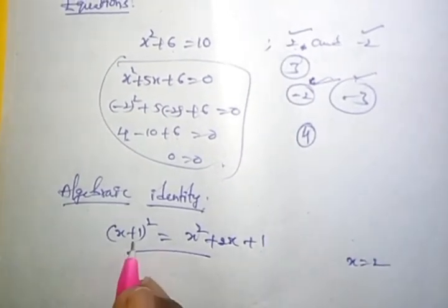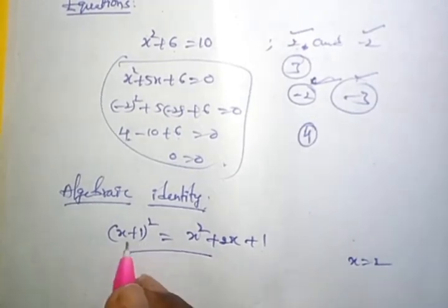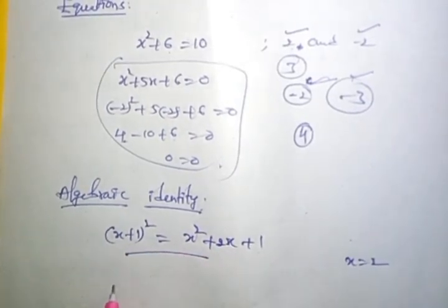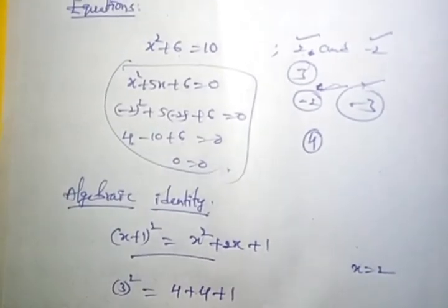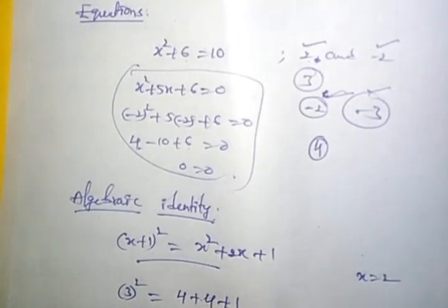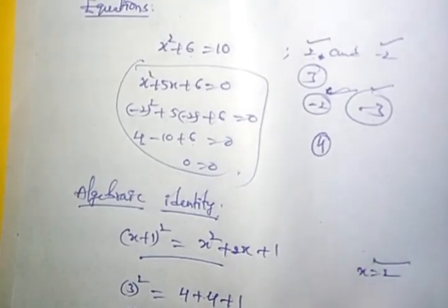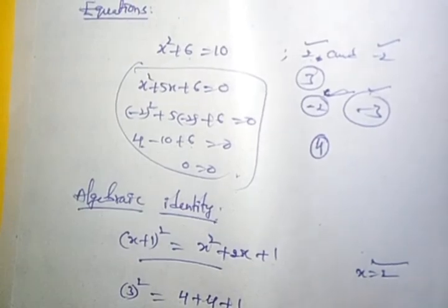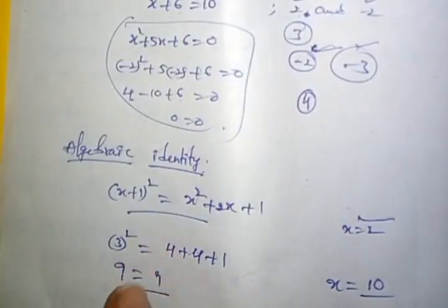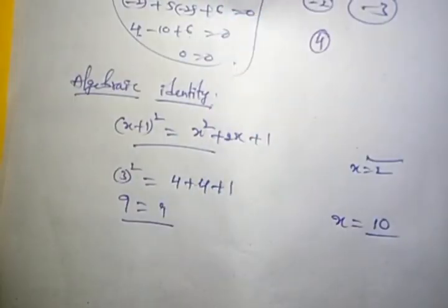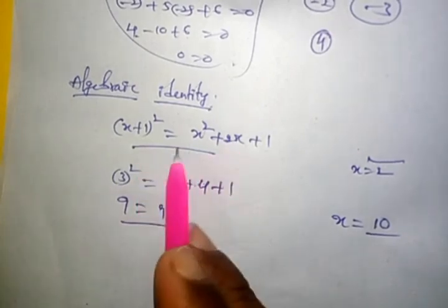If you substitute 2 in this equation, 2 plus 1 equal to 3 square, 2 square 4 plus 2 twos are 4 plus 1, that is 9 equal to 9. It is true for x equal to 2. If you take x equal to 10, you can take any values because this is true for all the values. You can select any value and substitute it, and you will get that it is true for all the values.